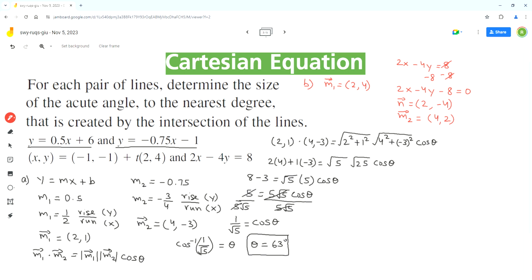Now we can find the angle between the two direction vectors, and for that we can use the dot product equation. Now we can use the vectors. For the magnitude, we should square the components, add them, and apply square root to the sum.